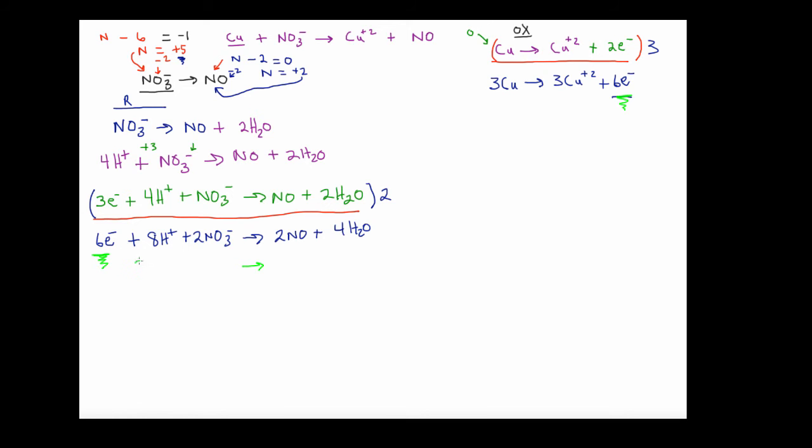And what you can see is we're going to have 3 coppers, and they are going to 3 copper plus 2s plus 6 electrons. I'm going to put a line underneath these, because now we're going to add stuff up. And you can see that the electrons cancel out, and now we can write the balanced net ionic equation for the acidic portion of this.